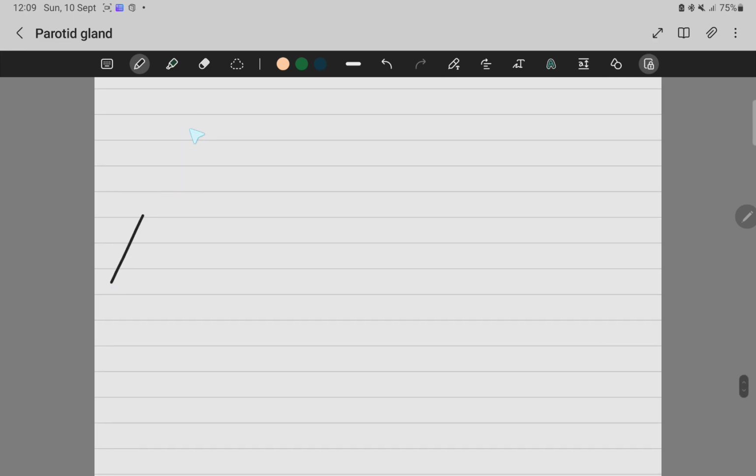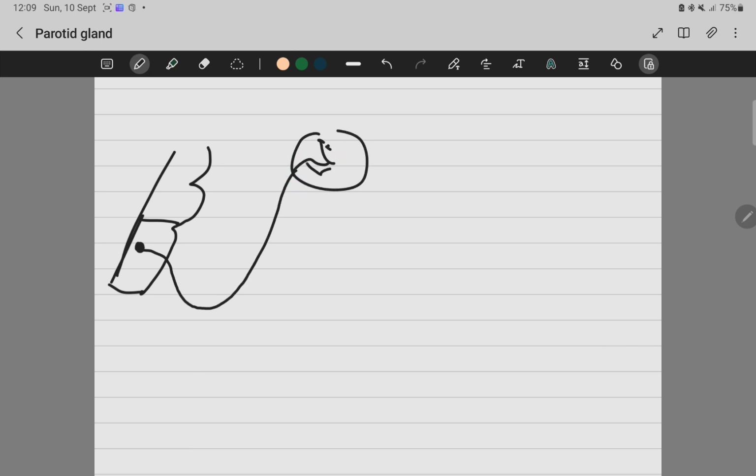The diagram for it is, imagine this is the brain stem. The inferior salivary nucleus is over here in the medulla, and it comes out here, which is the tympanic plexus.